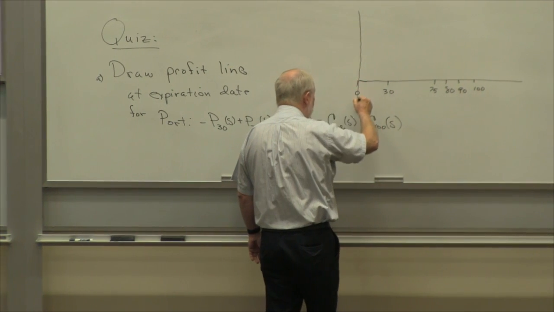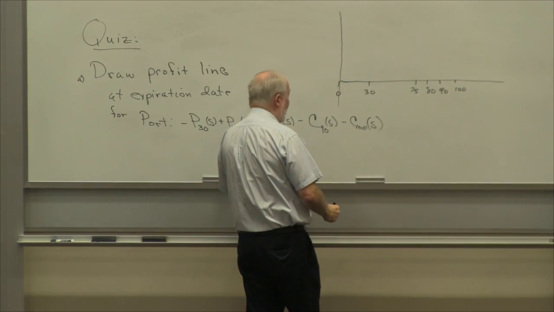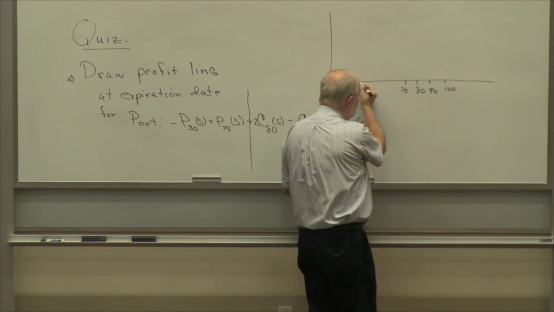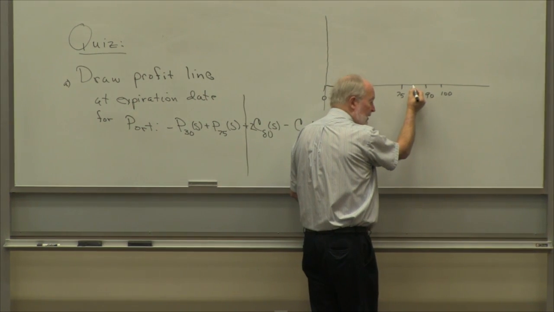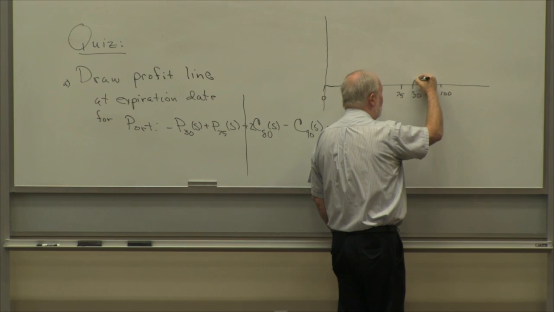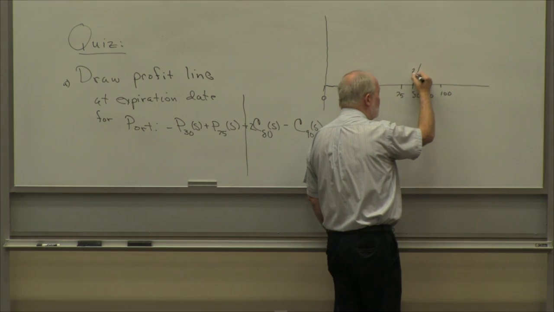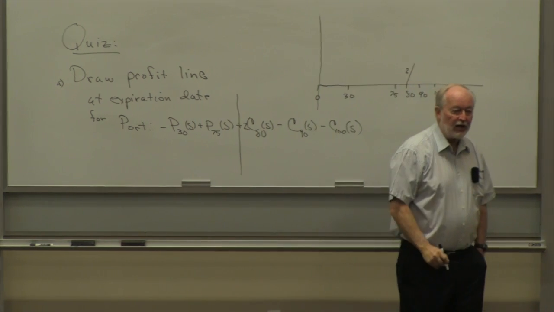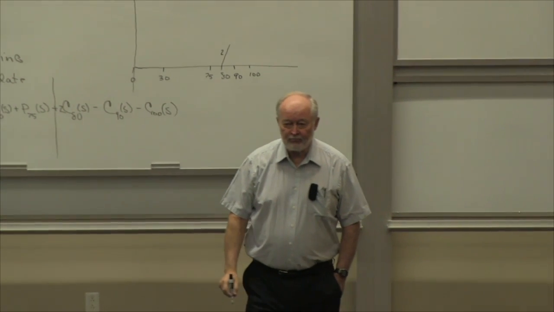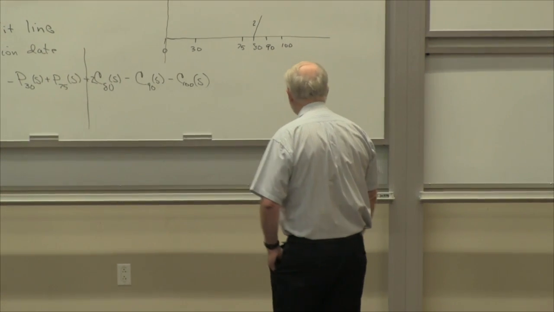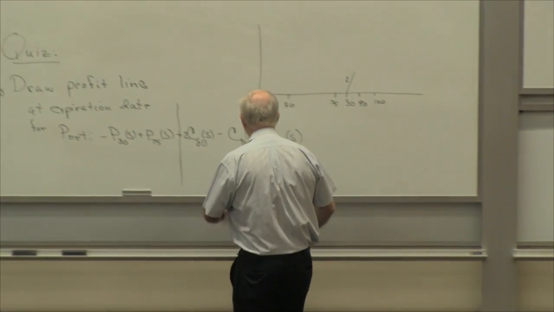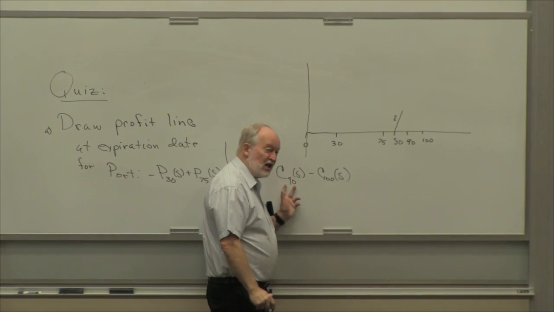So what happens then is we're starting here at 80. My call is useless until I get to 80. When I get to 80, it's going to have a slope of 2. And it'll have a slope of 2 forever, except I'm going to start losing money once it's 90.